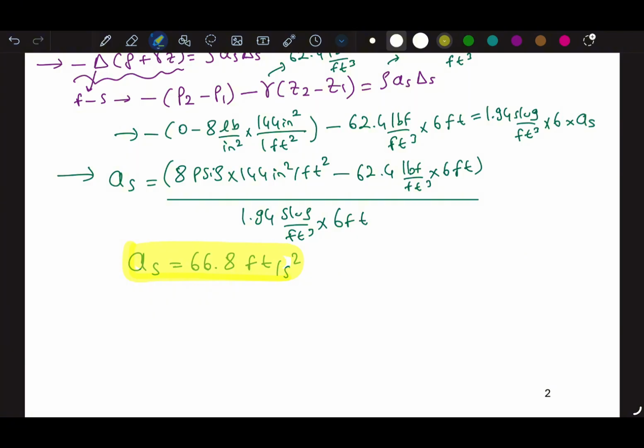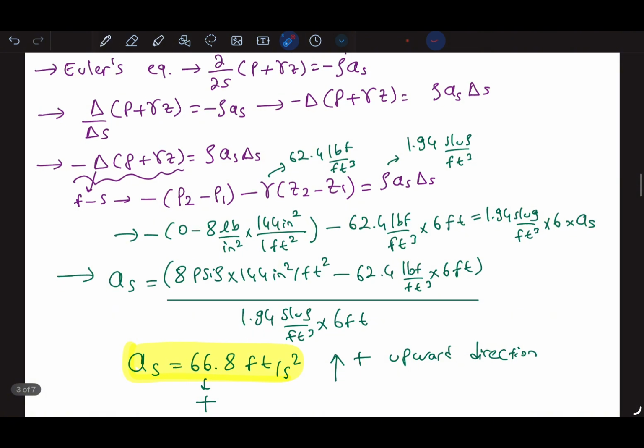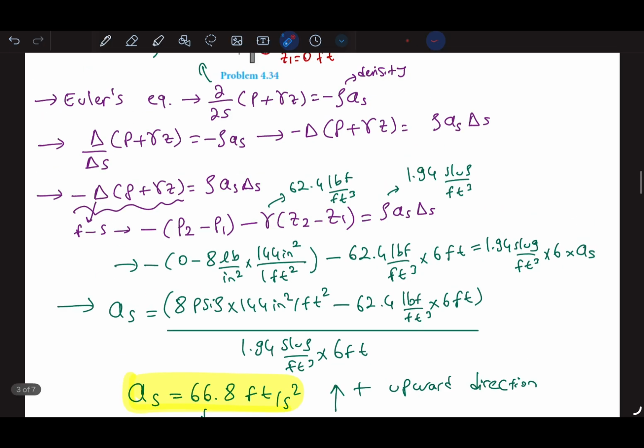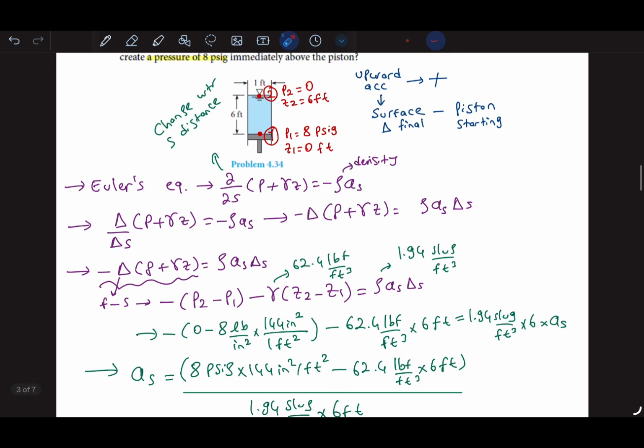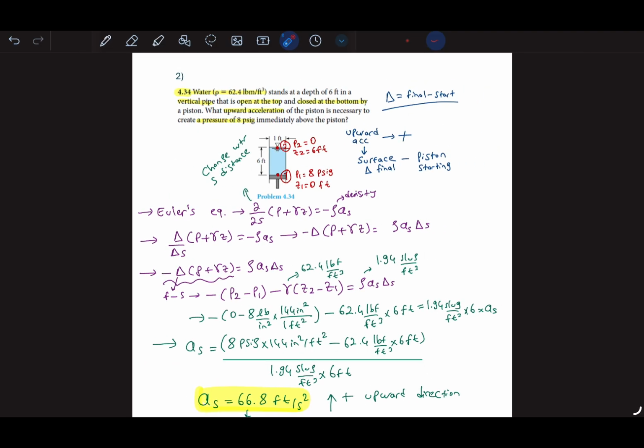So as I mentioned, we took upward as a positive, and since this generated a positive acceleration, this means that this is upward direction. So the location of this negative sign is actually not very important, because at the end you are going to see the impact of minus.